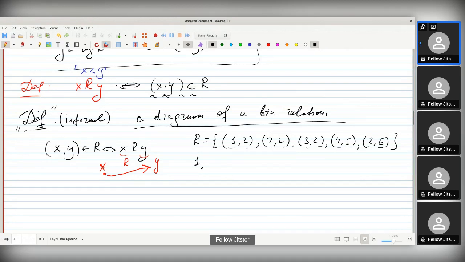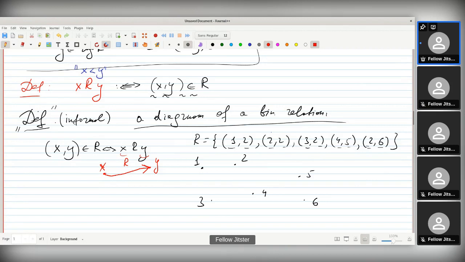So we need 1, 2, 3, 4, 5, and 6. Do you agree? Yes. Now, let us sketch our arrows.